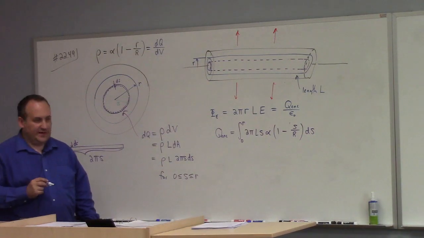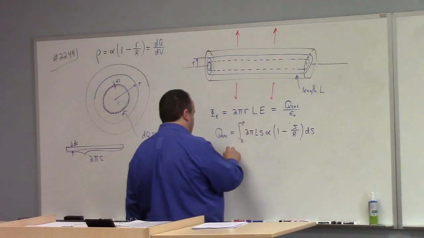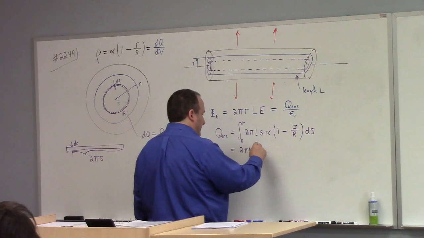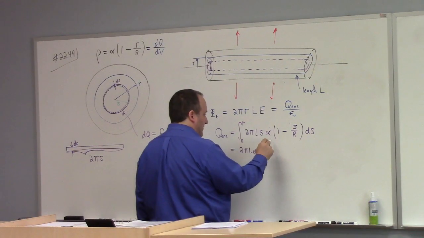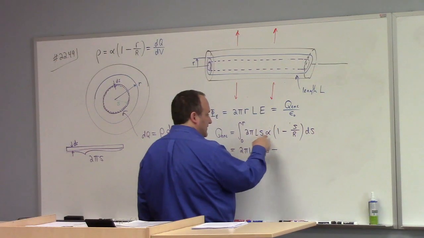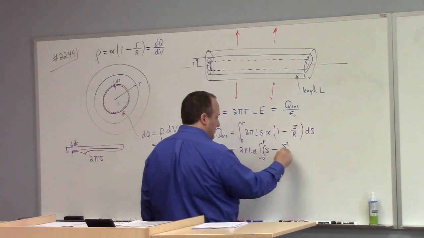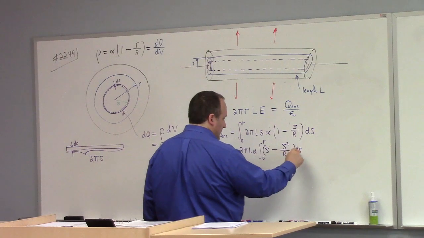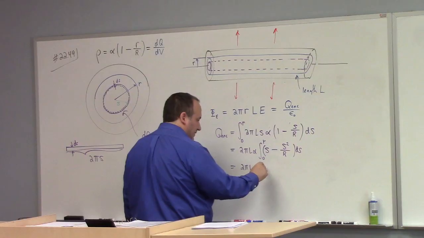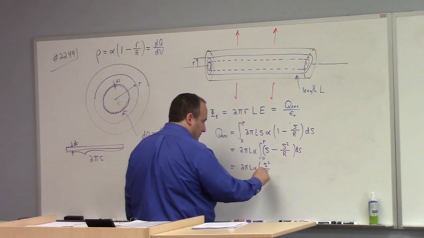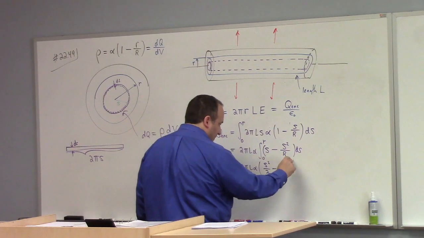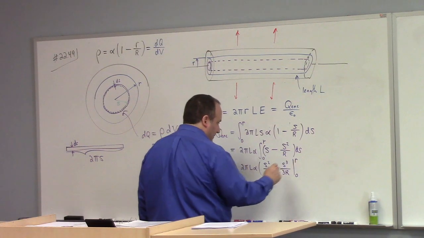Now this integration is not too bad. We can pull a lot of this stuff out. We got a 2 pi L alpha integral from 0 to r of S minus S squared over R ds, which gives us 2 pi L alpha times S squared over 2 minus S cubed over 3R, evaluated from 0 to little r.